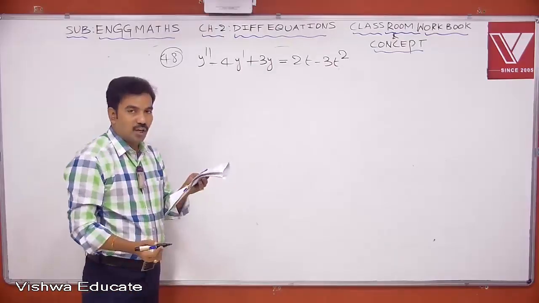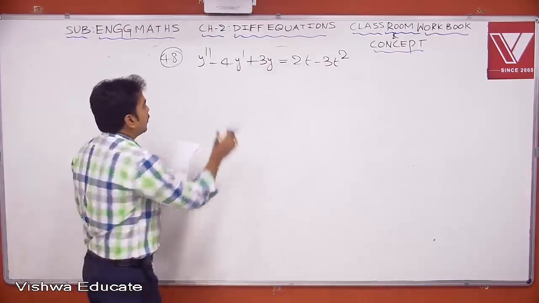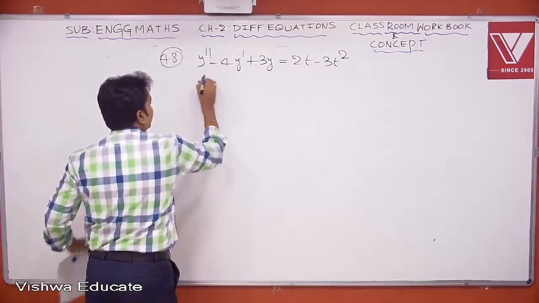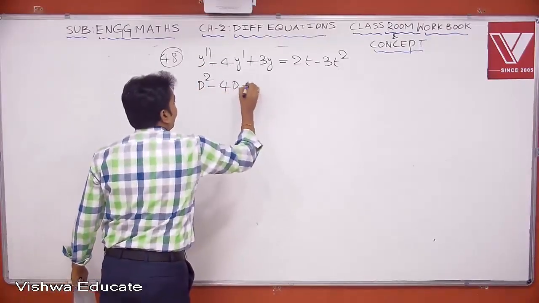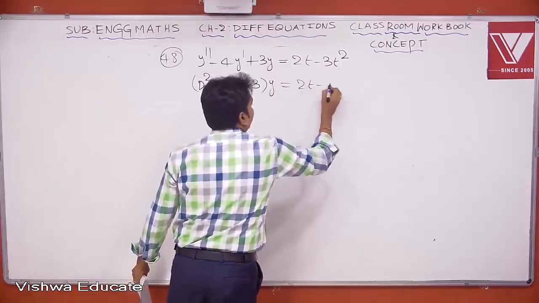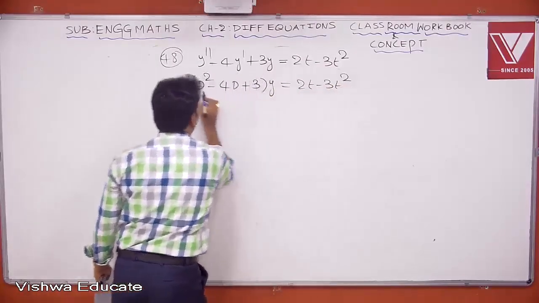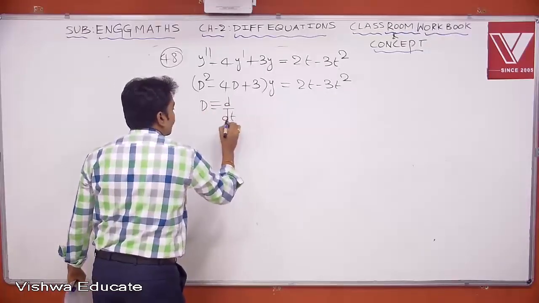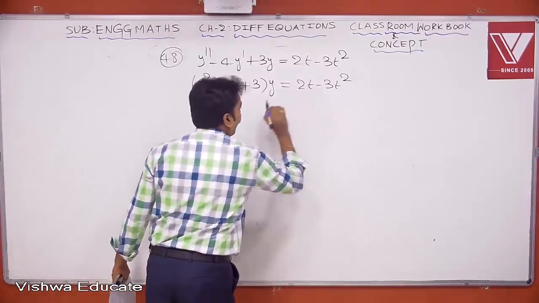Options are given in terms of variable t. Here this is nothing but d square y by dt square. So this is (D square minus 4D plus 3) of y equal to 2t minus 3t square. Here this D is nothing but differential operator with respect to t, because t is an independent variable.